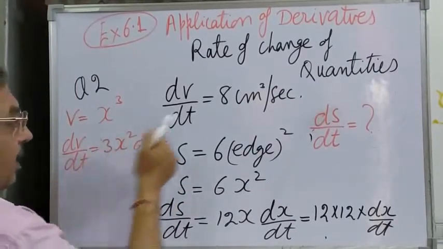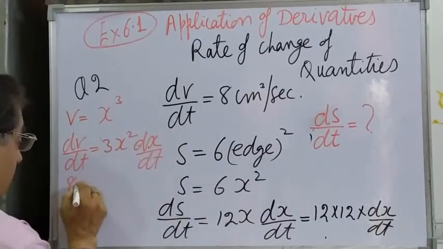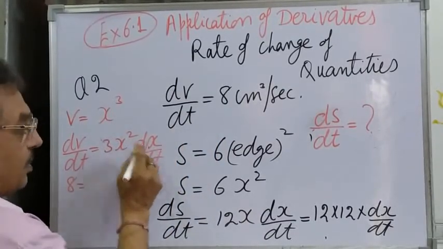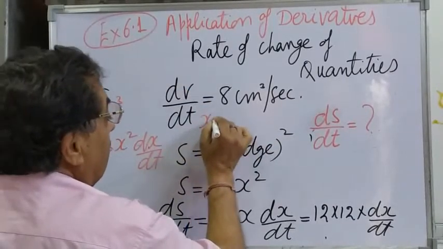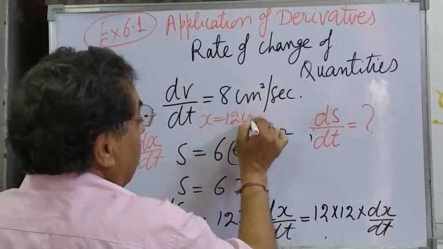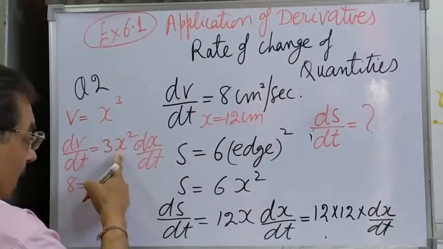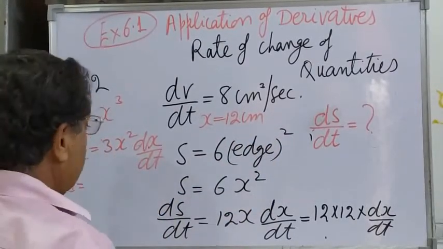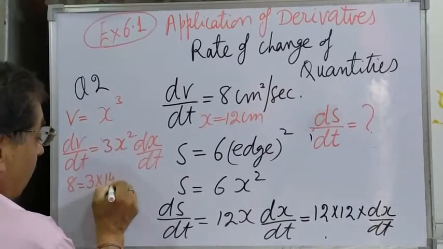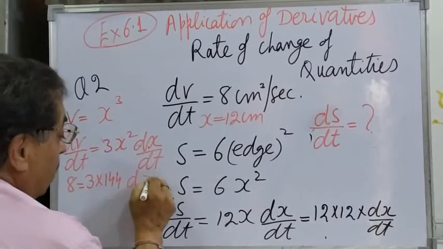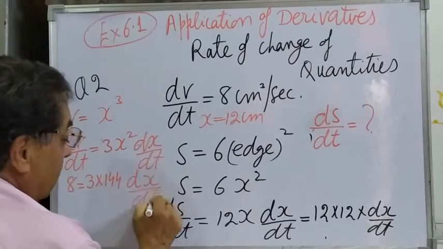Now dV by dt is given as 8, and the edge is given to be 12 centimeter, so 12 square is 144. So 8 equals 3 into 144 into dx by dt.